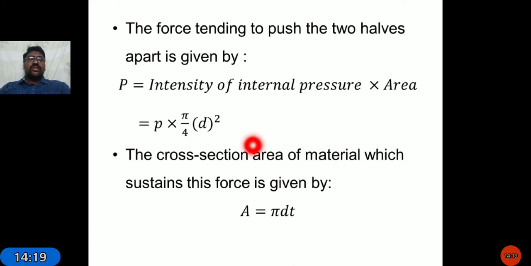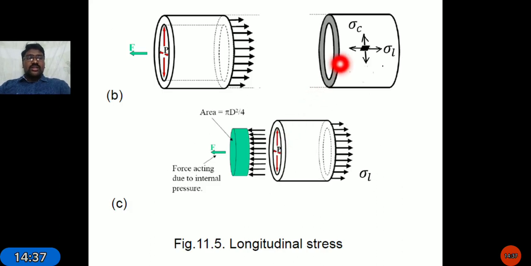Here pi by 4 d square is the projected area of the cylinder along its two ends of a cylindrical shell, so the cross-sectional area of material which sustains this force is given by area equals pi d into t, because it is the circumference of the circle, pi d, having some thickness, so the area of the cylinder is pi d t.